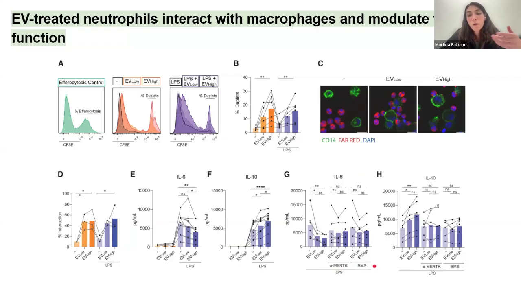When we incubated neutrophils treated or not with EVs, the decrease of IL-6 and the increase of IL-10 was reversed, indicating that Gas6 and protein S were the mechanism involved in MERTK engagement and the downstream anti-inflammatory pathway.